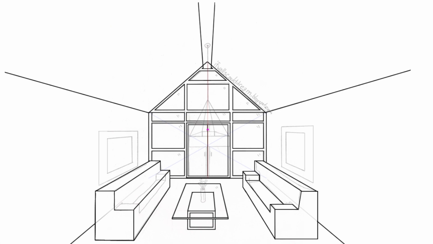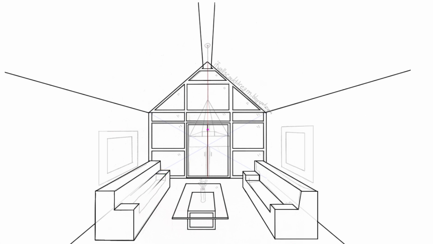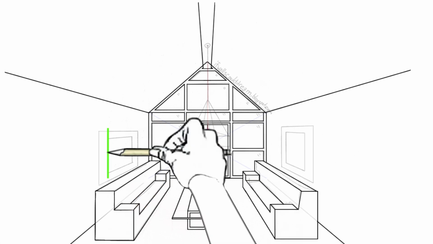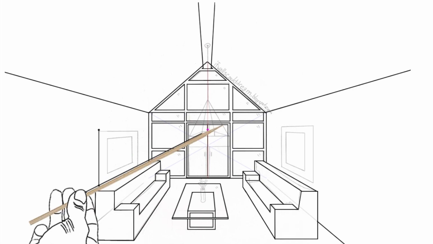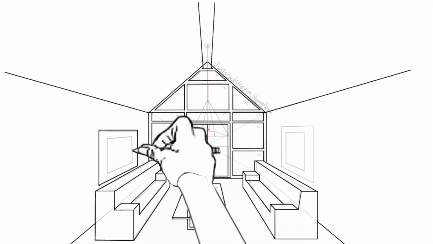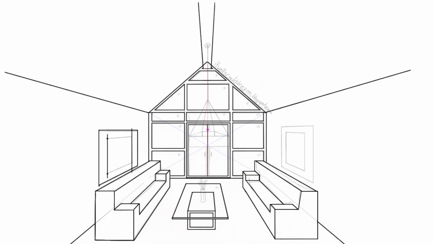I'm actually doing a combination of observation and using this process of combining sighting and aligning with the rules of 1-point perspective to construct a more accurate mapping of the shapes and edges of what I'm observing in this space.